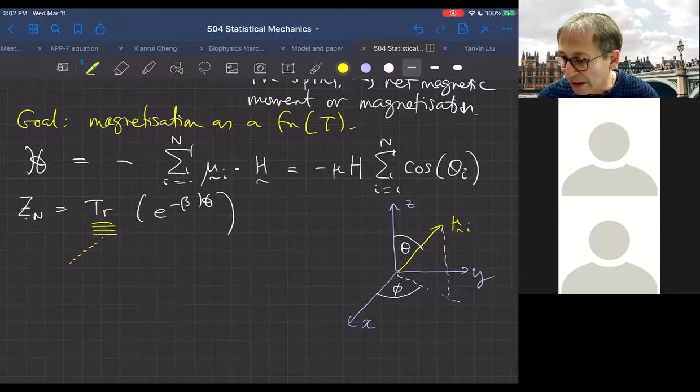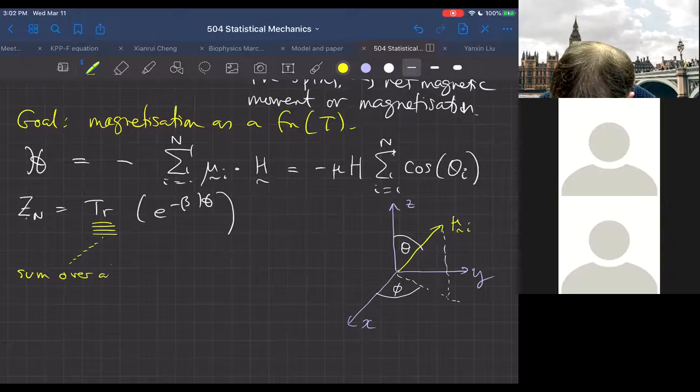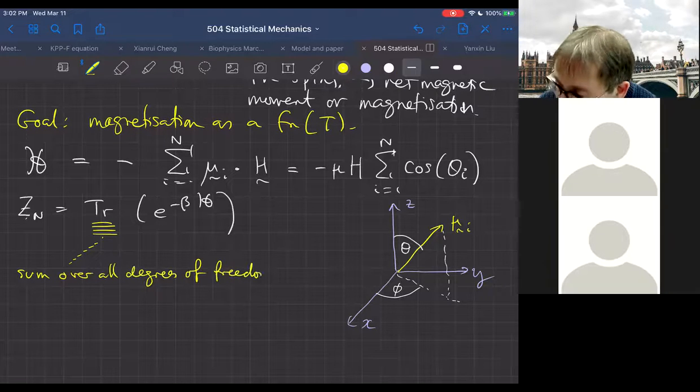If I wanted to write this down in quantum mechanics, this would literally be the trace of the density operator times the operator of the system. So what we mean by trace is the sum over all degrees of freedom, whatever they are, for the problem of interest.